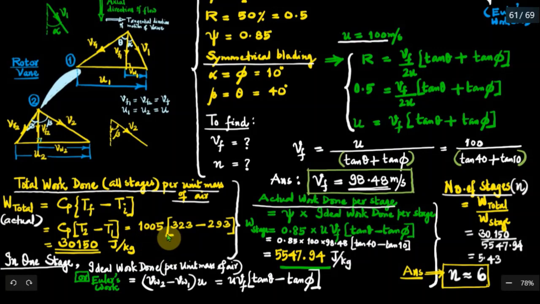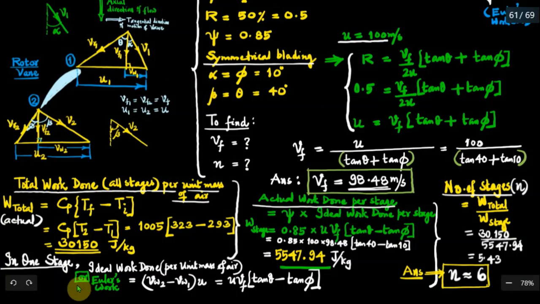So 1005 into 323 minus 293, the final temperature and initial temperature at compressor outlet and inlet are available. So you have to substitute in Kelvin. So 1005 into 323 minus 293, so you will get 30,150. So 30,150 joule per kilogram is the specific work done total, considering all stages together. Specific in the sense it is expressed per unit mass of air. The unit is joule per kg.